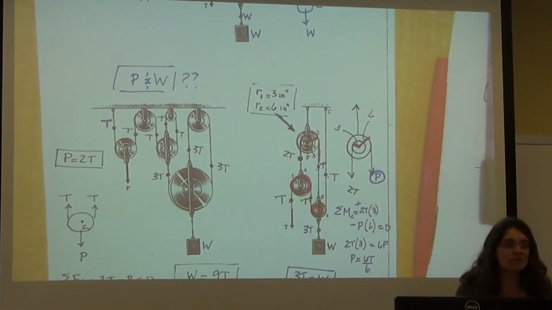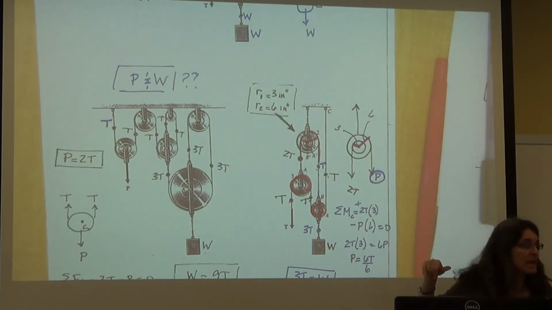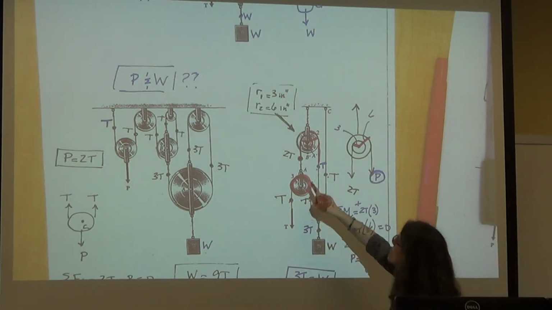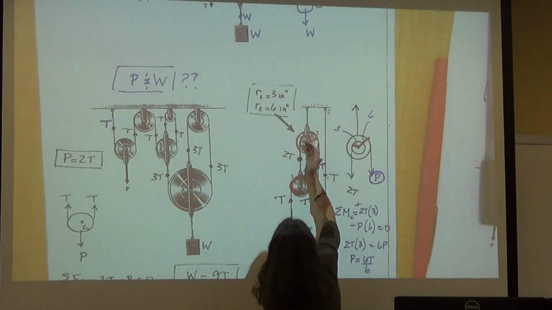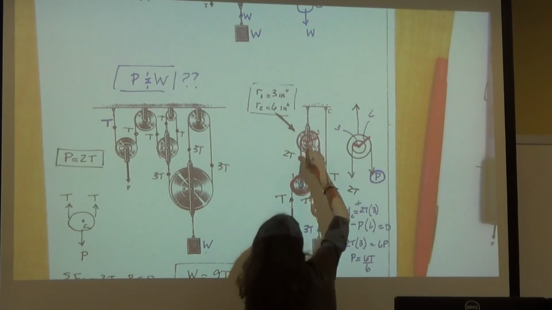And the sign convention for physics, engineering and math, did you ever do right-hand rule in math? Okay, it's all the same. Counterclockwise is positive, clockwise is negative. So this 2T creates a positive moment on this point, and this force creates a negative moment.